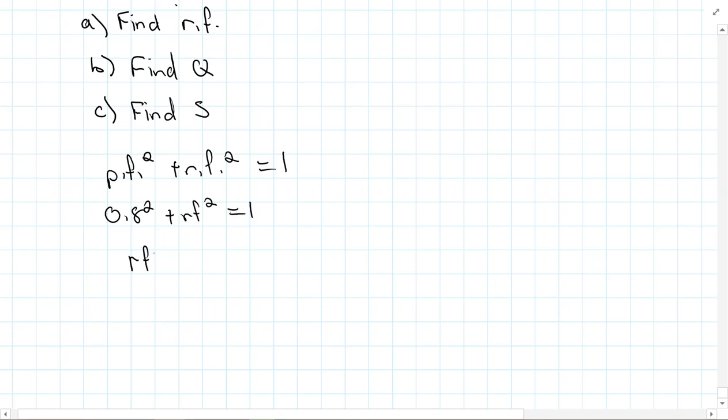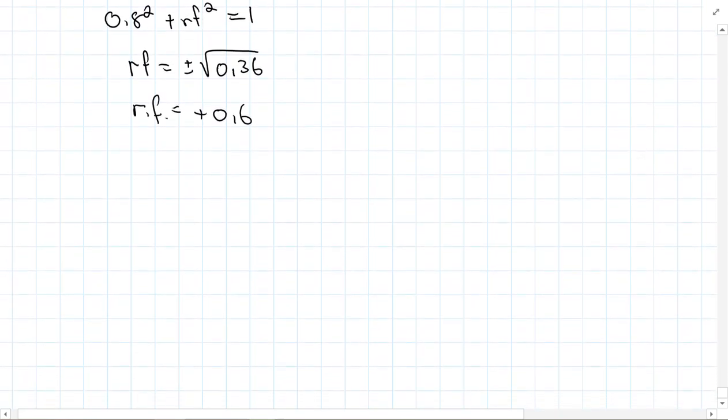So reactive factor is equal to plus or minus the square root of 0.36. Now we know which one it is because it's lagging. That means, remember, we're in quadrant 1, so my reactive factor is simply a positive 0.6. So real easy to find the reactive factor in this case.